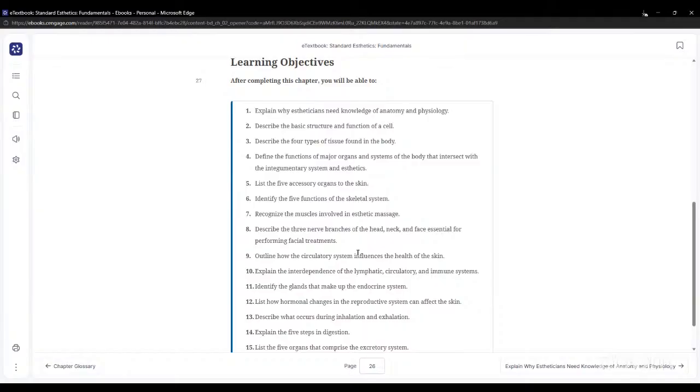When we begin to do consultations about the client, most of the time I'm not asking them what service they want. I'm trying to figure out what's going on with their skin from the inside out. I'm asking them, what do they eat? That's the digestive system. I'm asking about medications, and about any diseases, infections, or disorders they may have.